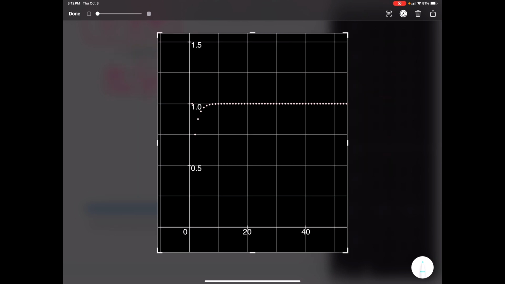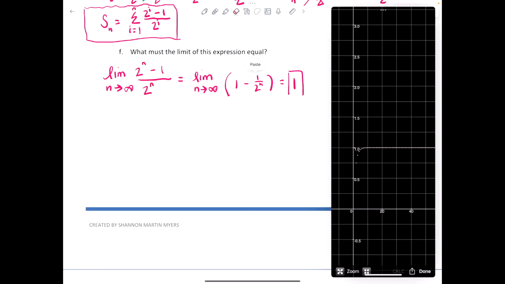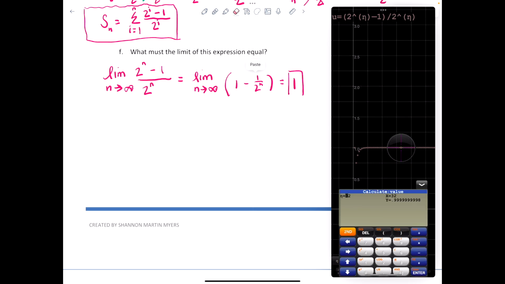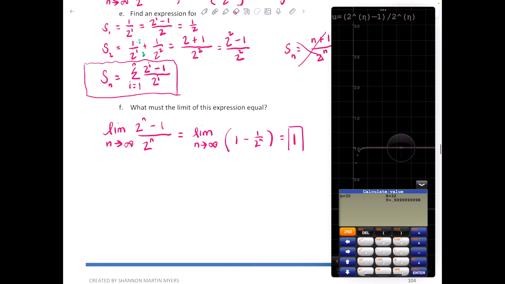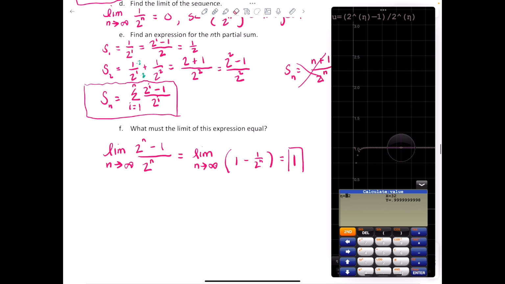And then copy to photos. All right, so basically what we have, you can click on it, it'll give you a value if you go into calculate, and what you see is that y is very, very, very close to 1 when eta is 32. So that is something that is confirmed by what we got up here, all right?